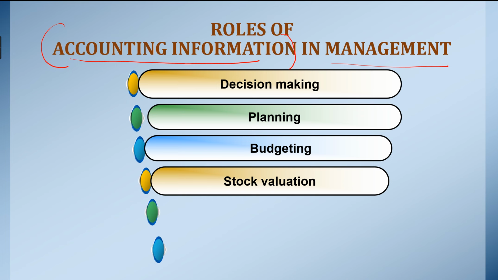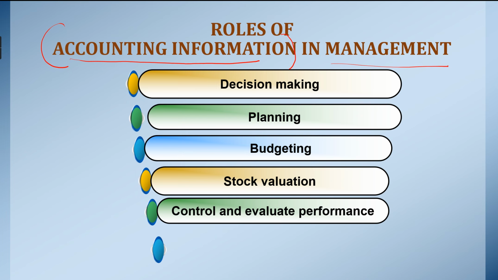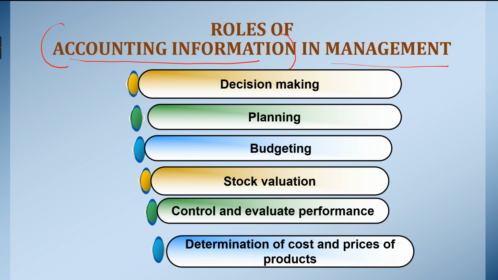Okay, and then kita akan value kita punya stock. Lepas tu, when we already have all the plannings, we will execute the planning. Okay, and during the execution, we will control. Lepas tu, kita akan evaluate performance. Okay, so from there, we can decide or determine the cost and the prices of products.